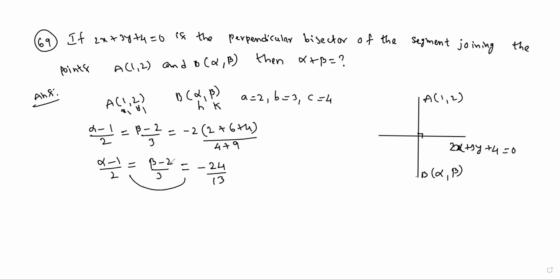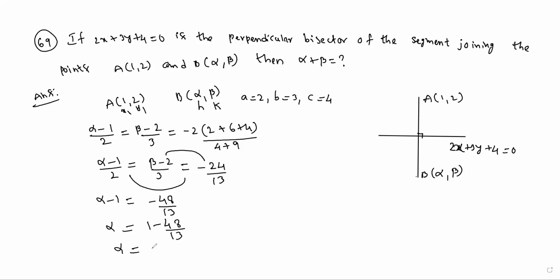By comparing first and last, and second and last, we will get alpha and beta. Alpha minus 1, if we compare, 2 into minus 24 is minus 48 by 13. Sending 1 to that side, alpha equals 1 minus 48 by 13.